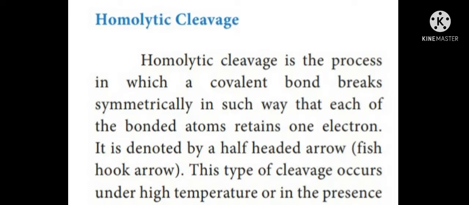That is, atoms in a molecule take one electron each. This type of breaking is said to be homolytic cleavage. It is denoted by a half-headed arrow or fishhook arrow.